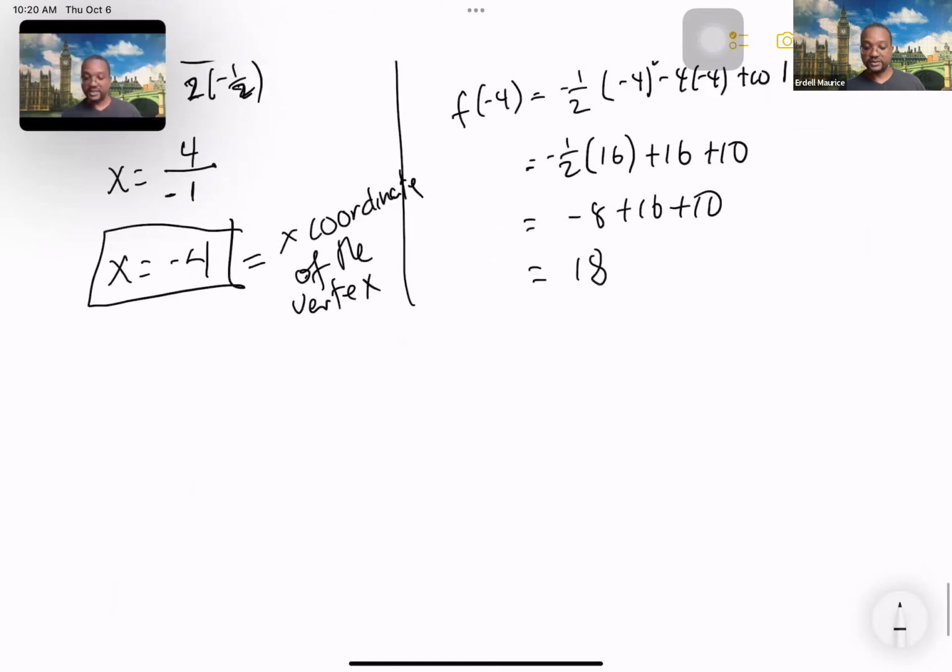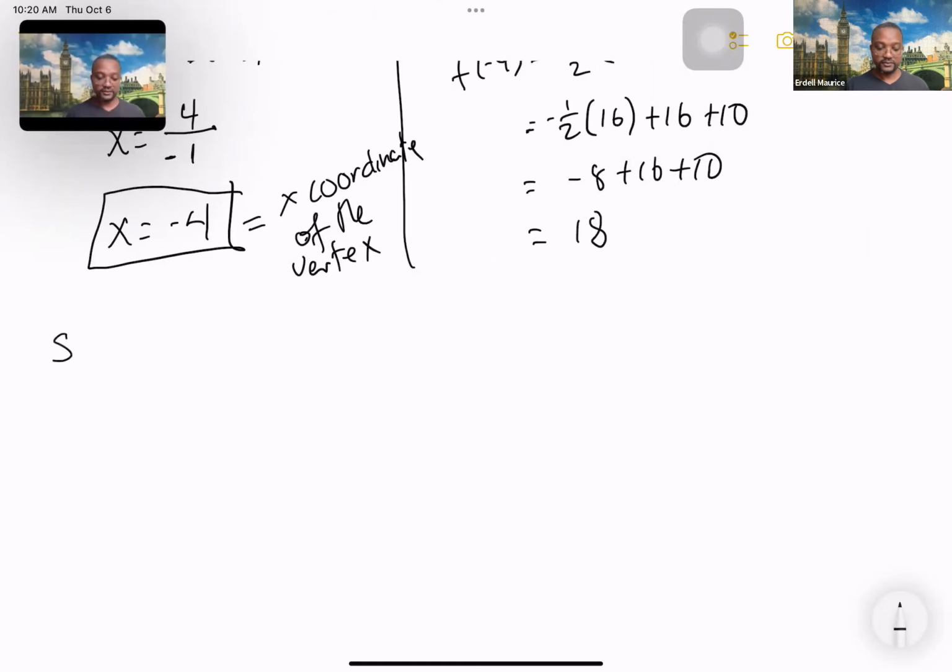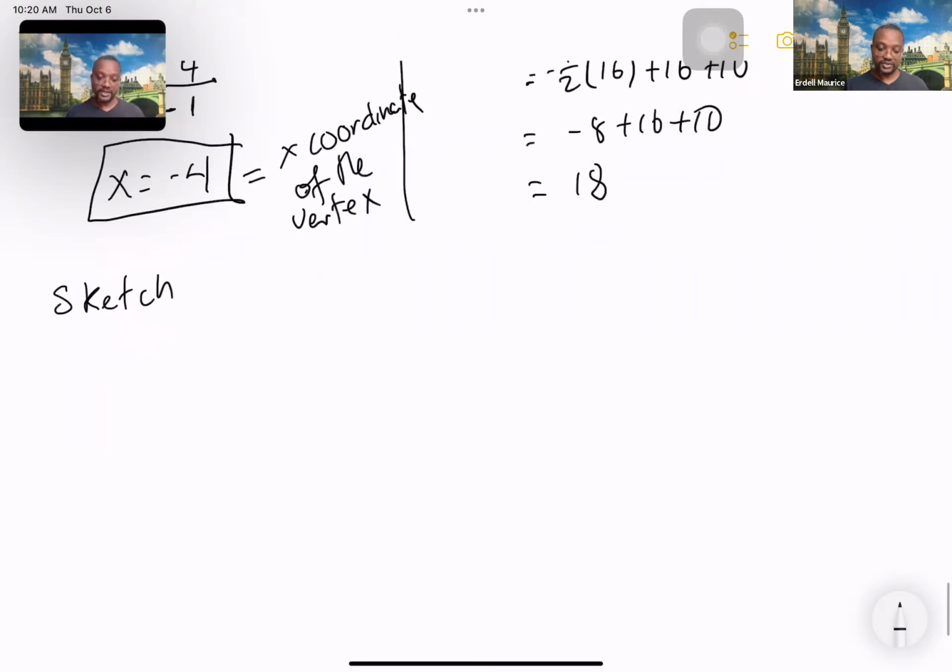The next thing they'll ask you to do is to graph the function, or select the graph of the function. You know how it is on the internet machine. Well, I know the y-intercept is 10. The x-intercepts are 2 and negative 10.